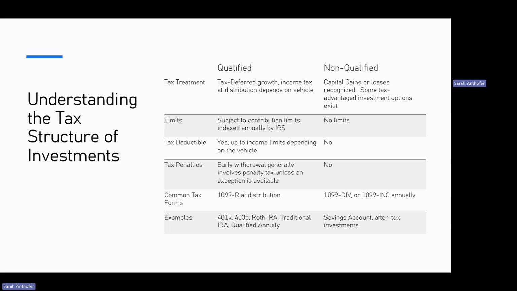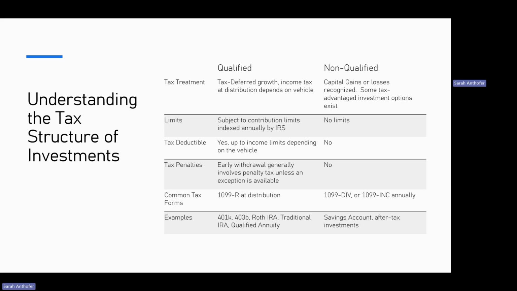So when I talk about the style of the investment product, what I'm really asking you about is its tax treatment. Is it a qualified account or a non-qualified account? Once we know that, then we can dive deeper into the kind of investments that might be suitable for us inside those accounts.